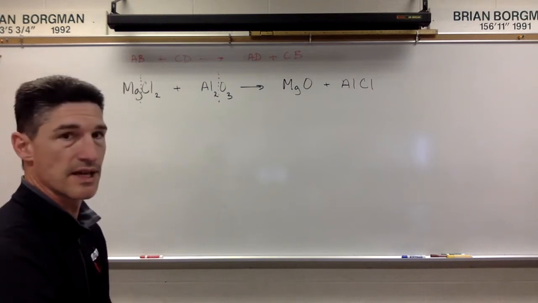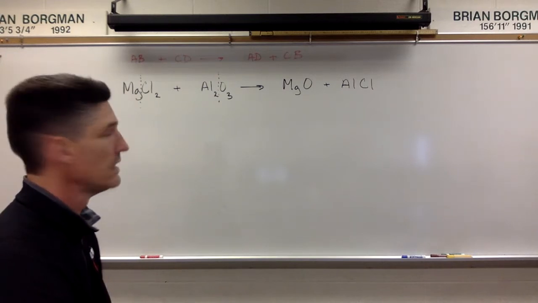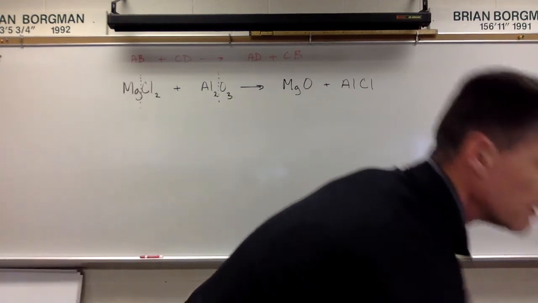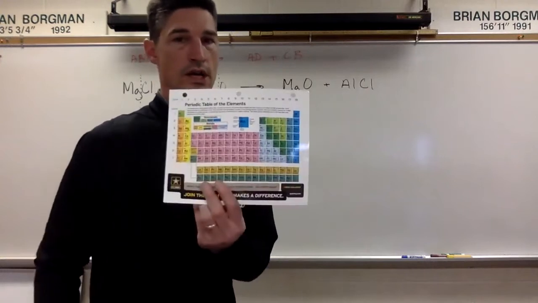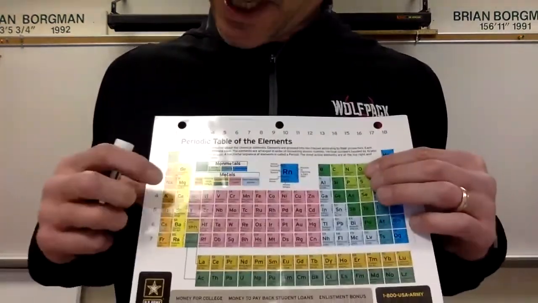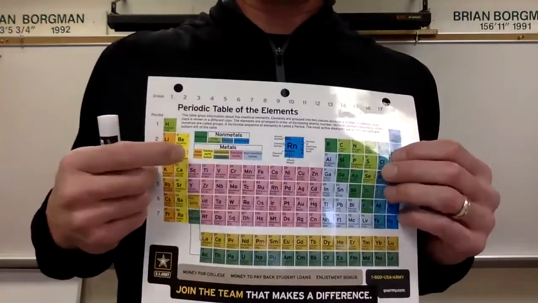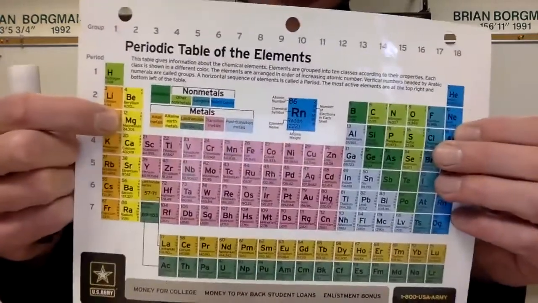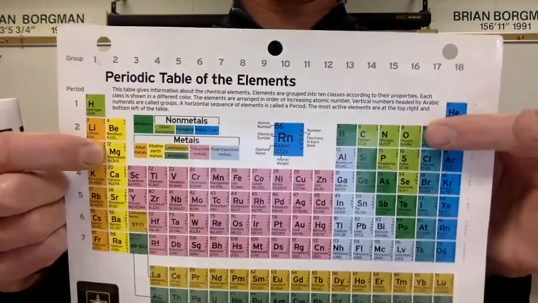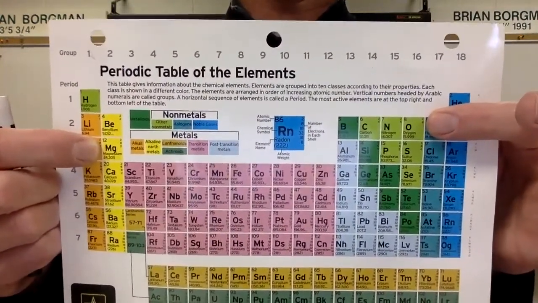On the right-hand side, I've got magnesium and oxygen. If I look at my periodic table, magnesium is right here, in group 2. Oxygen is over here on the other side of the table, in group 16.